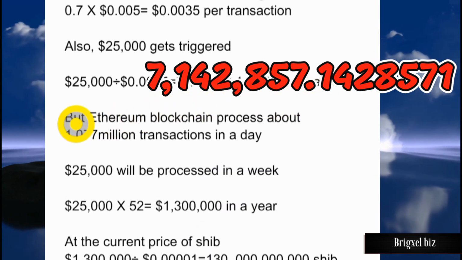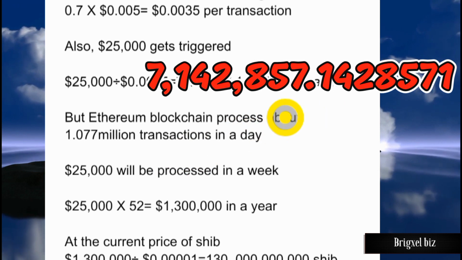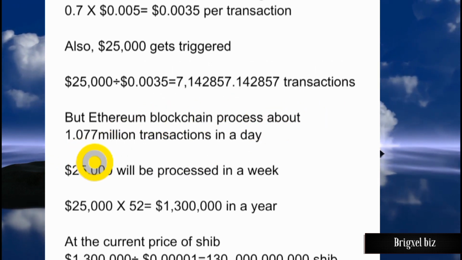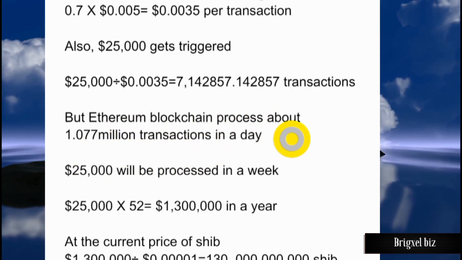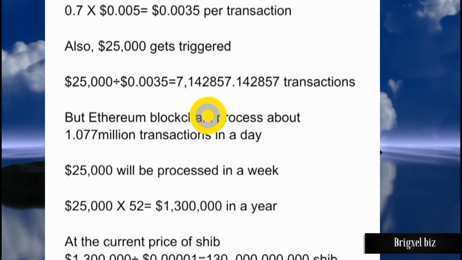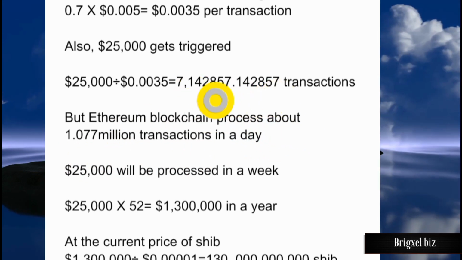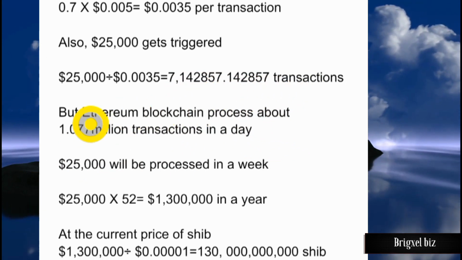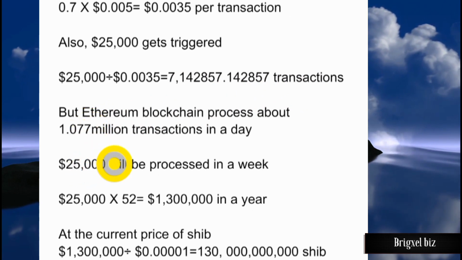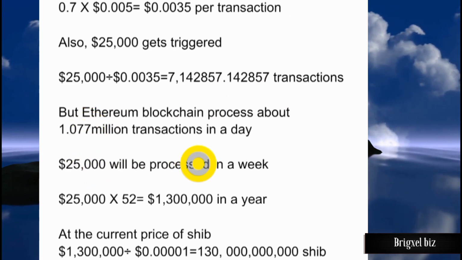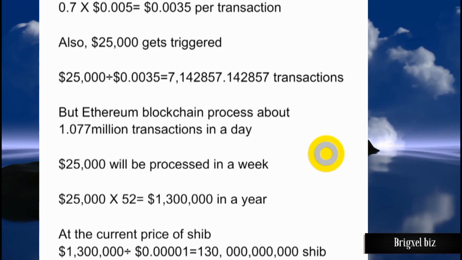And if it gets as large as the Ethereum blockchain, which processes about 1.077 million transactions in a day, this is what is going to be processed in a week. So $25,000 is going to be burned in a week.